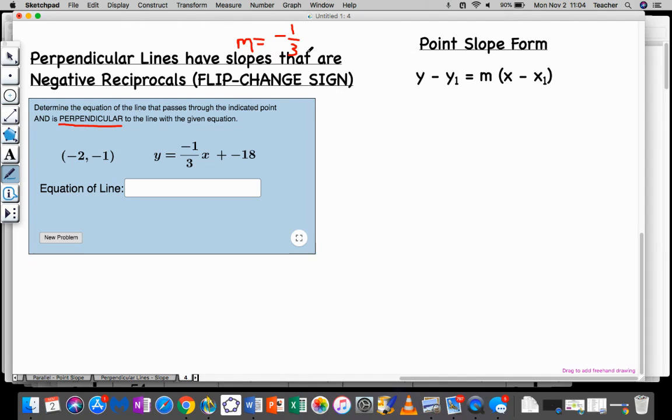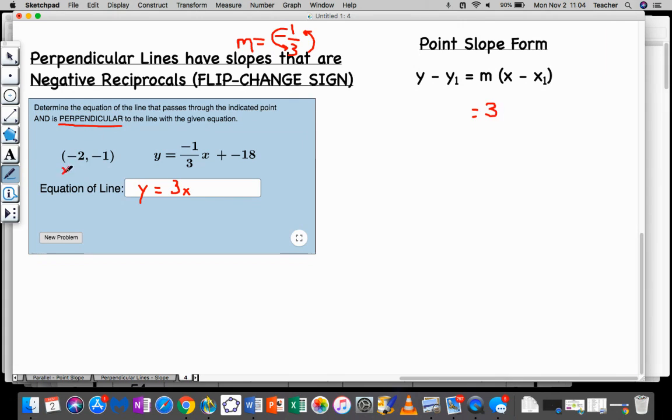Because I see perpendicular, I'm going to flip this, so 1/3 turns into 3/1, and change the sign. So now, because it's perpendicular, this has to start with 3x. Because I flipped it, made it 3/1, and I changed the sign, so that negative turns into a positive. So now this 3 is going to be my m, because we're dealing with perpendicular.